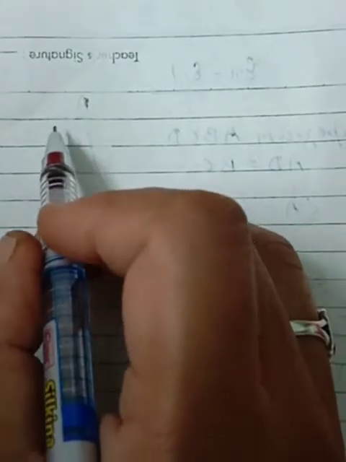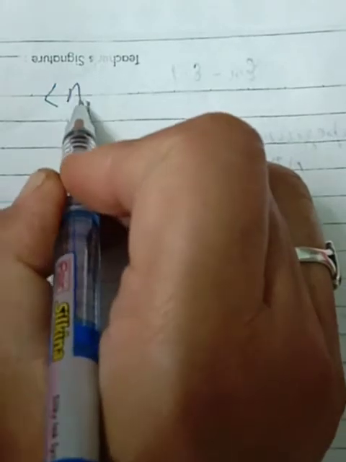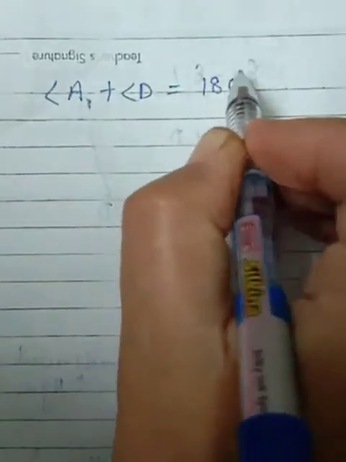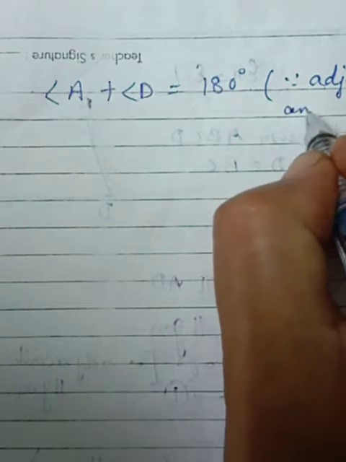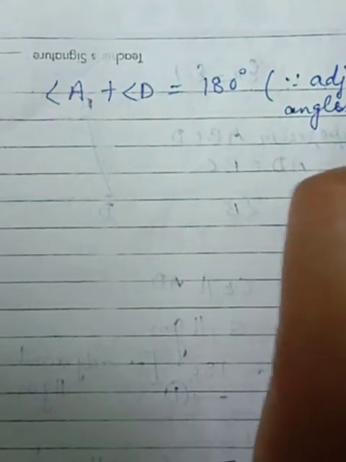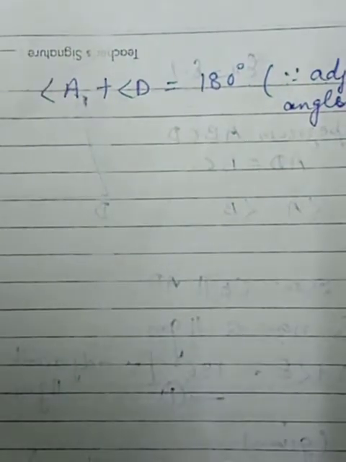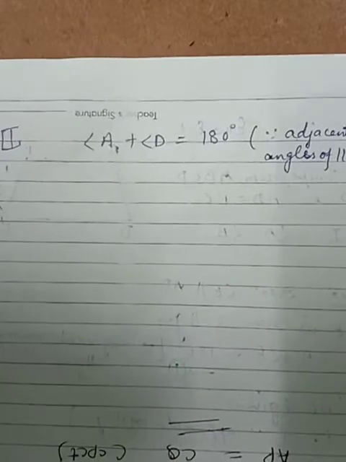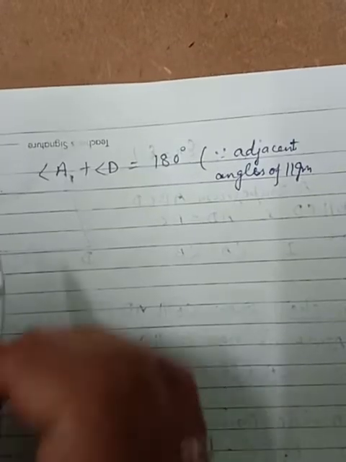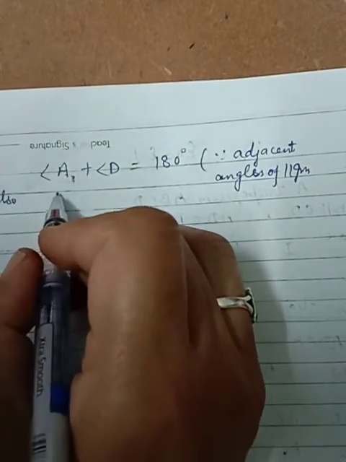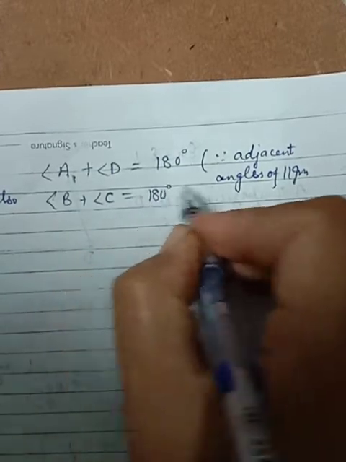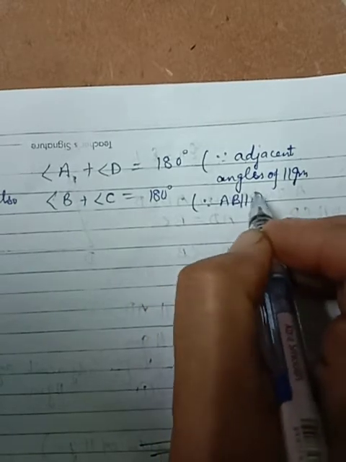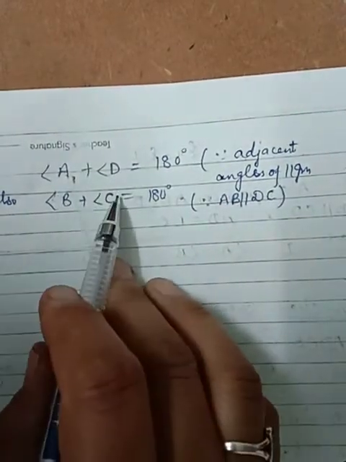Now let us prove the second part. We have to prove that angle C is equal to angle D. We have proved that angle A is equal to angle B, and angle A plus angle D is equal to 180 degrees because of the adjacent angles of a parallelogram, so their sum is 180 degrees. Also, see the diagram, angle B plus angle C is equal to 180 degrees because AB and DC are parallel and interior angles on the same side of the transversal line are supplementary.